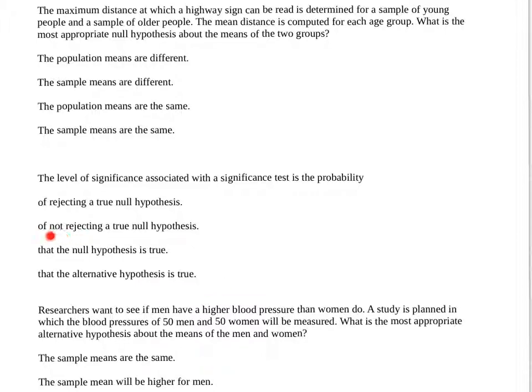Now, this one also doesn't work, and the reason is because as statisticians, it's very, very unlikely that anyone's ever going to say, this is true, right? We won't say that.